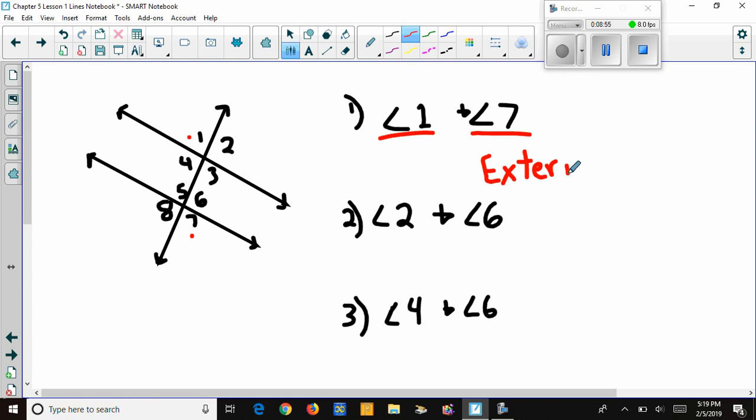And then we want to ask ourselves, are they on different sides or alternate sides of the transversal? As we see, if I highlight it real quick in blue, 1 and 7 are on alternate sides of the transversal. So we will call these alternate exterior angles.